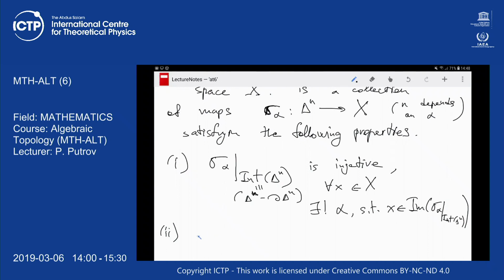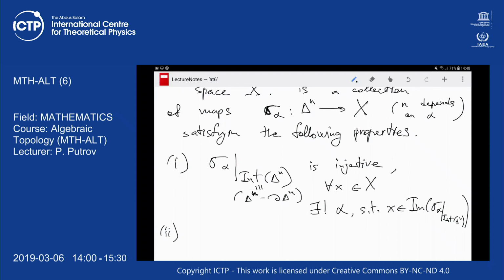Sorry, but if we take any point on the boundary of one of these sigma alphas, by the second condition we have another one such that this point is in the interior. So doesn't this mean that there will be other points in the interior of the two? Sorry, what do you mean? Here the interior actually removes the boundary. Some points will be covered by the boundary of the image of sigma alpha, right?